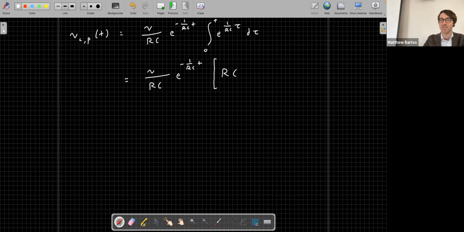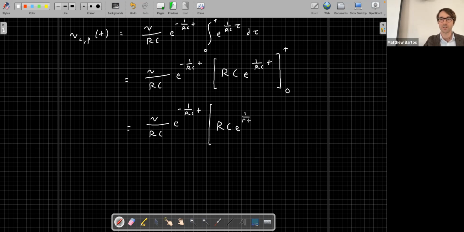Great, so it'll be RC e to the 1 over RC t evaluated from t to 0. Okay. So from this we get, let's just keep simplifying it, V over RC e to the negative 1 over RC t, and inside this expression we have RC e to the 1 over RC t minus RC e to the 0, right?